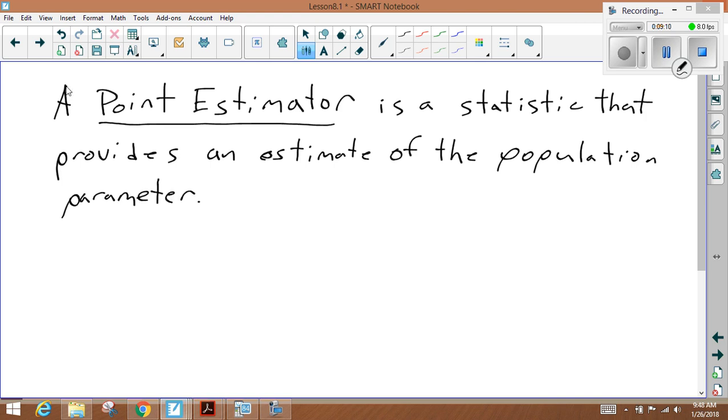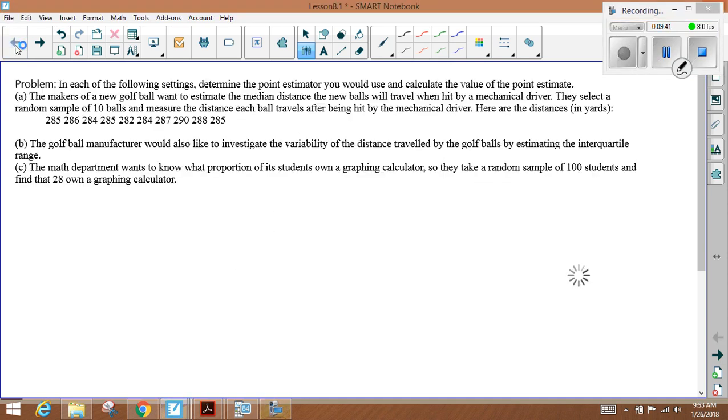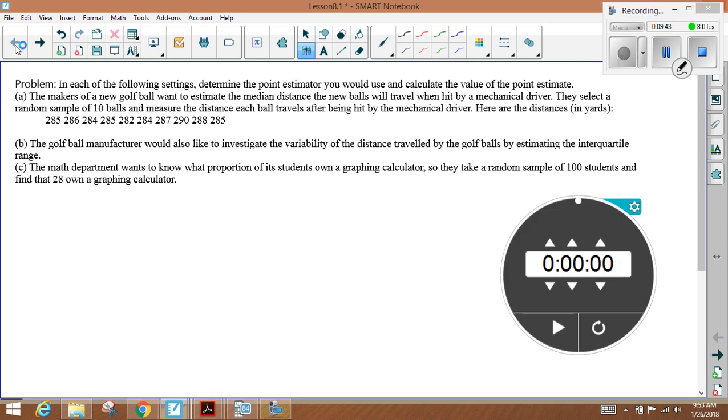All right, so it'll take on values such as x bar and p hat for our intents and purposes for this class. All right, so we're ready to get an example in. Here we go.